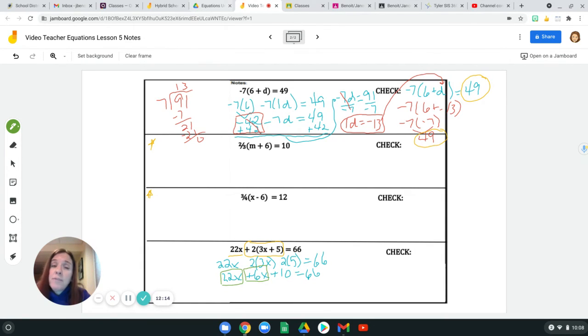They both have the same variable. So I can combine those like terms to one variable term. I have 22 x's and 6 more x's, both positive. So if I combine those, I get 28x plus 10 equals 66.